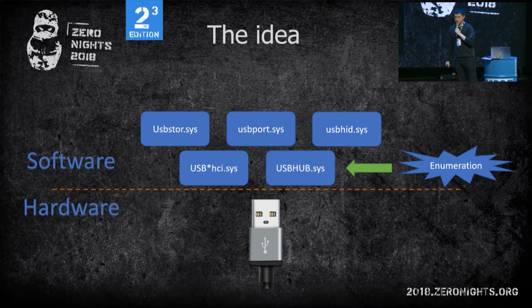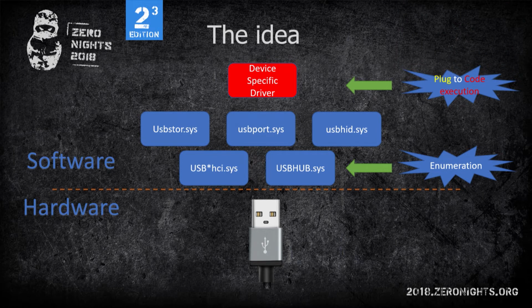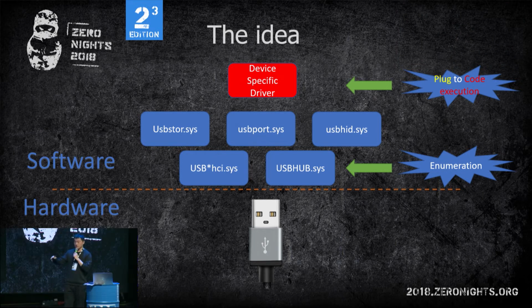After that, these drivers will try to load some class drivers depending on the information they collected before. If the USB device is mass storage, like a flash drive, it will try to load the USB storage system drivers and then do some further initialization. After that, the system will use some device-specific drivers.